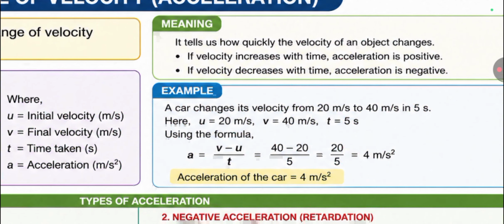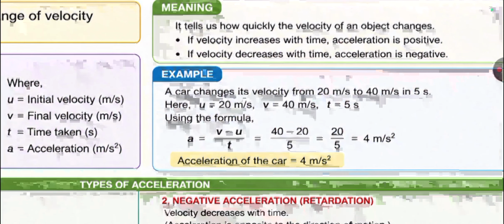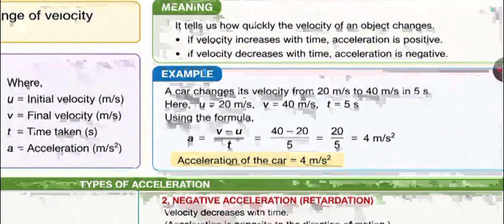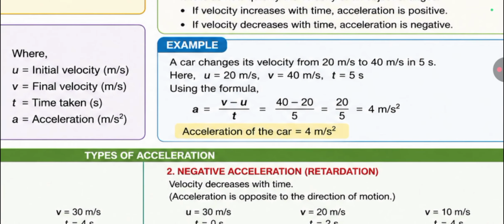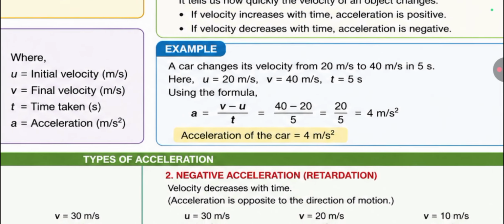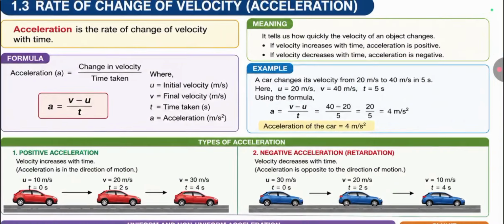Using the formula of acceleration, a is equal to v minus u by t, that is equal to 40 minus 20 by 5, that is equal to 20 by 5, that is equal to 4 meter per second square. Now the acceleration of the car is 4 meter per second square. This is an example of using the formula of acceleration.